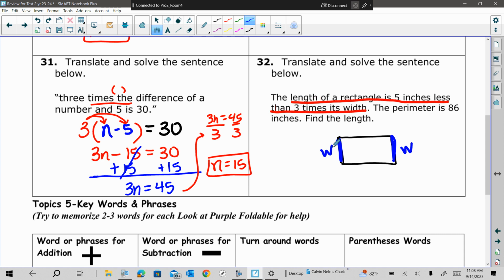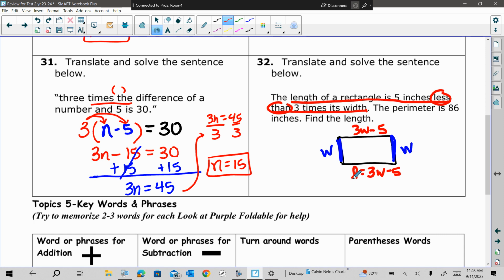An L we usually use for length. But what they said here is the length of the rectangle is 5 inches less than 3 times the width. How would I show 5 inches less than 3 times the width? Sarah? Yeah, our L will equal 3W minus 5. So across each other, we're going to have 3W minus 5.